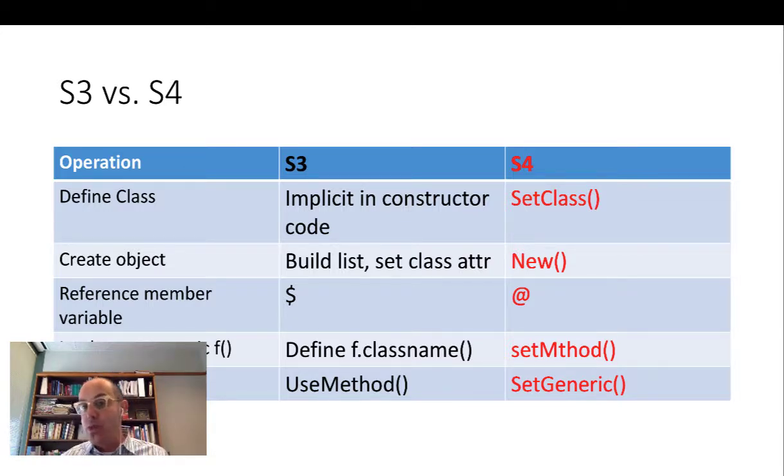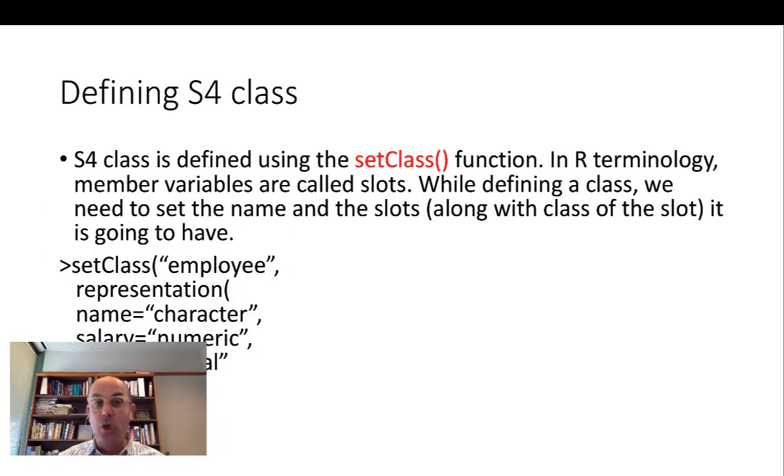In S4, because it's new, I can declare new, and this is a new object in S4. I can also reference a variable: in S3 it's a $ sign, in S4 it's an @ sign. To implement a generic function or declare a generic, these are the methods that you use.